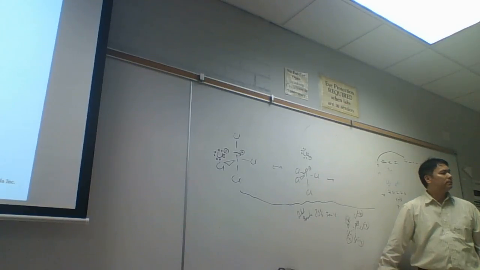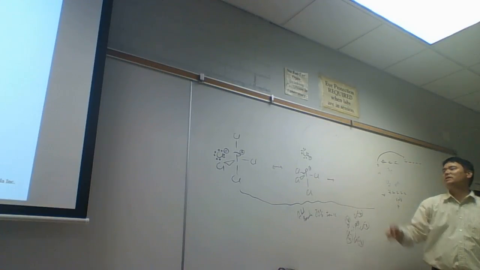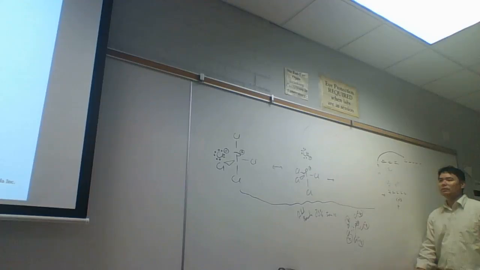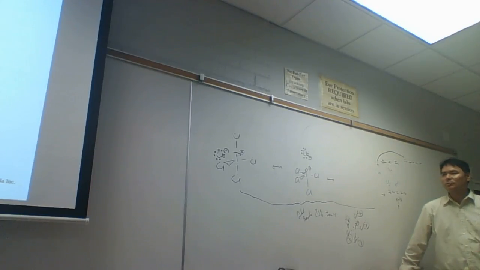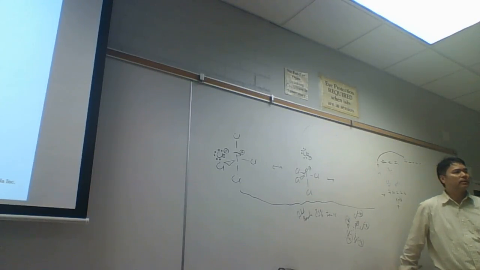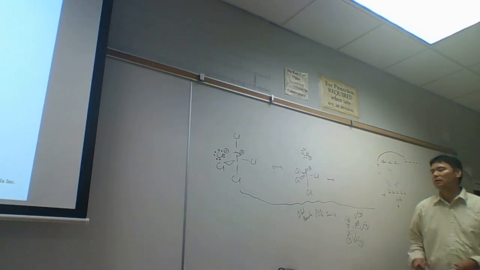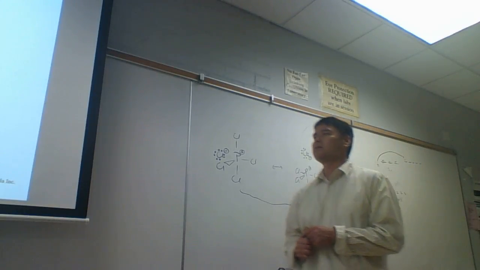Does that make sense? This way we don't have to have any d orbital participation. And so we're going from 0% d orbital to 20% d orbital. But the reality is it's probably somewhere in between. We'll probably have a little bit of d orbital mixing in there to form the hybrids. Okay, but not full 20%.